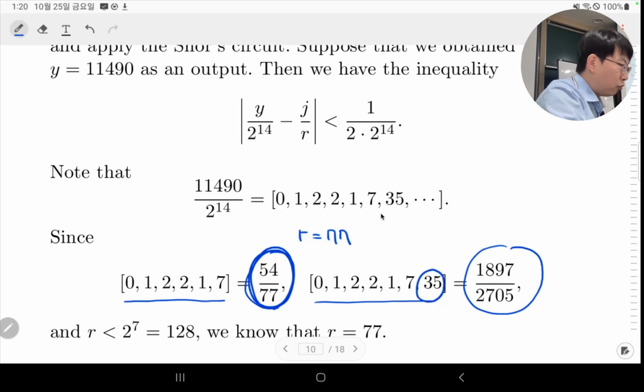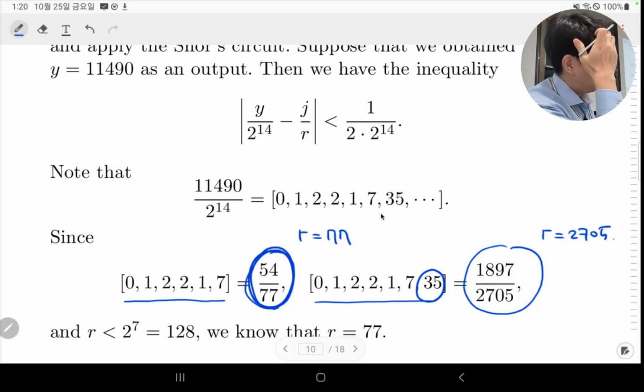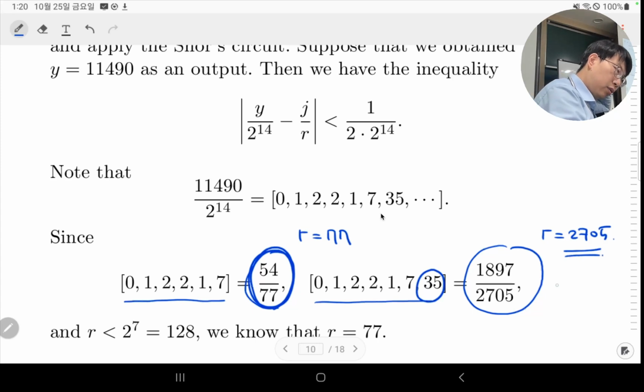But if I get one more sequence in here, then r is 2705. Okay.